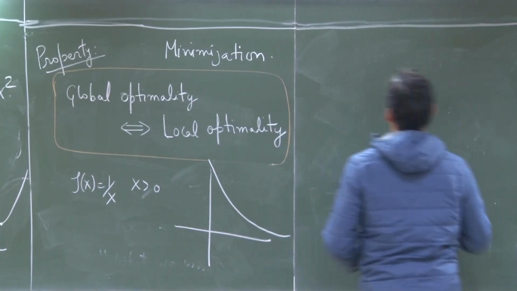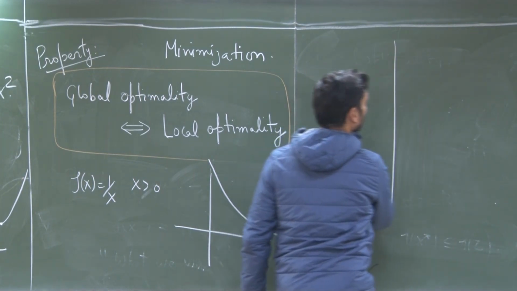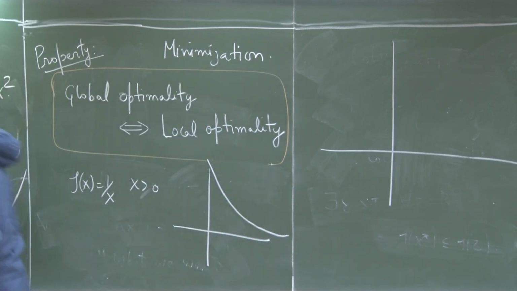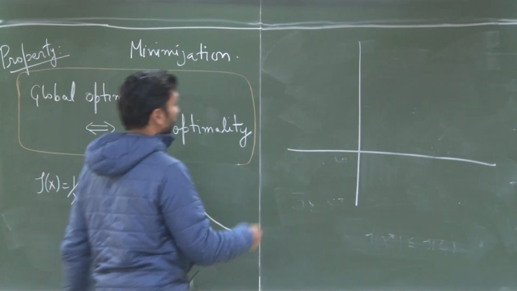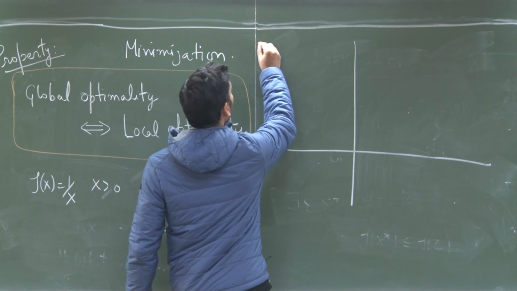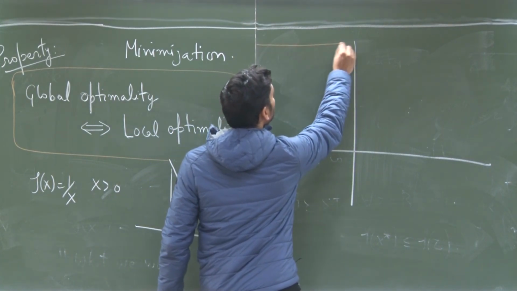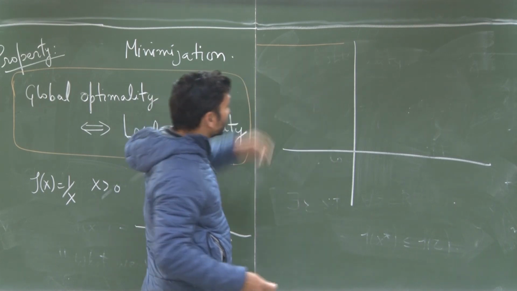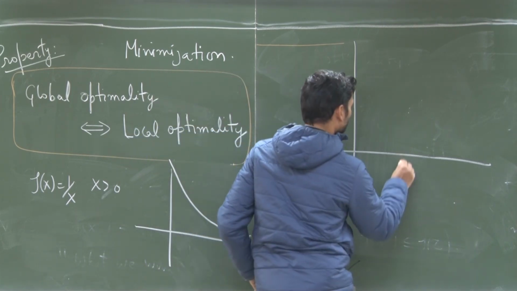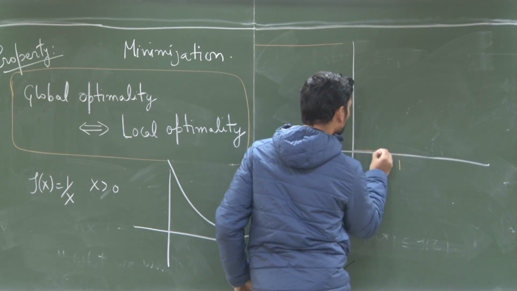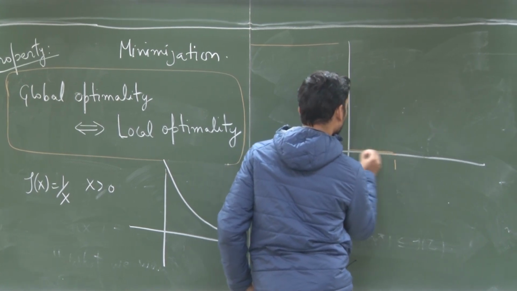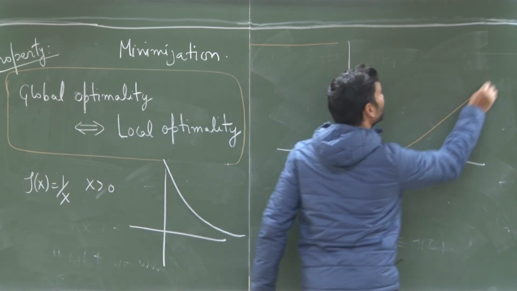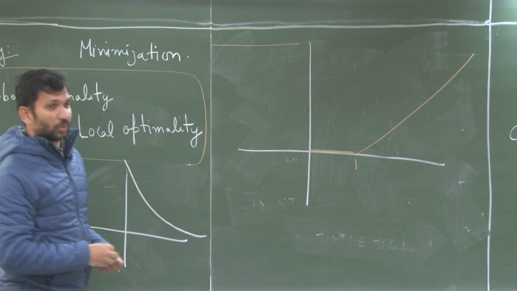Convex functions can be of many different kinds. One function could be such that it is a very, very big number when x is less than 0, some constant function, then up to 1 it is 0, and then it is x minus 1.